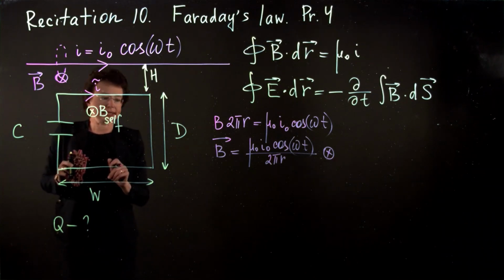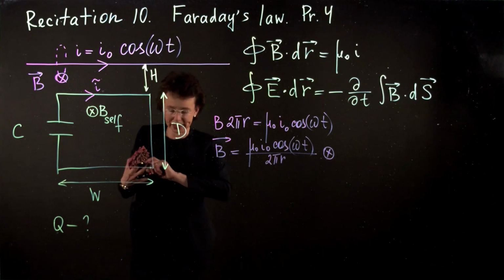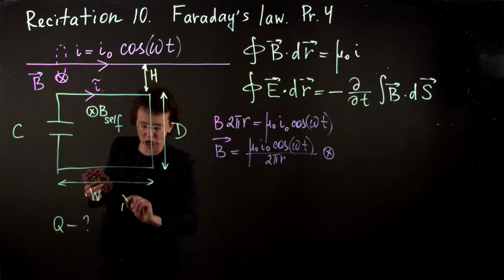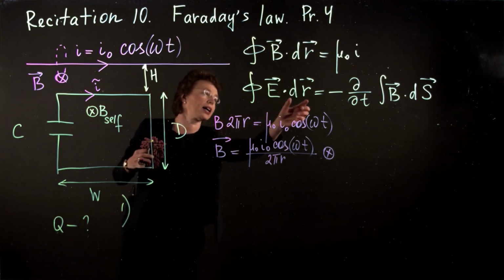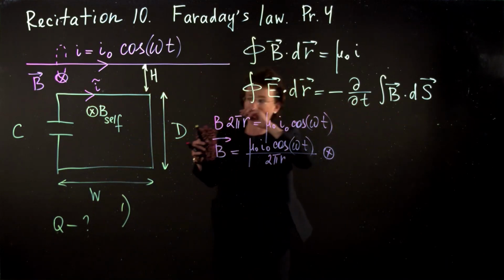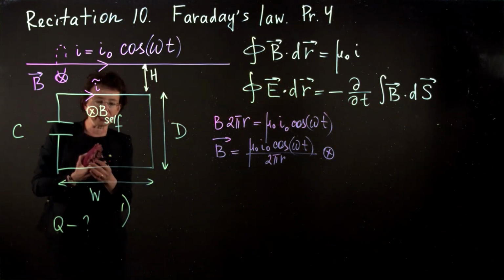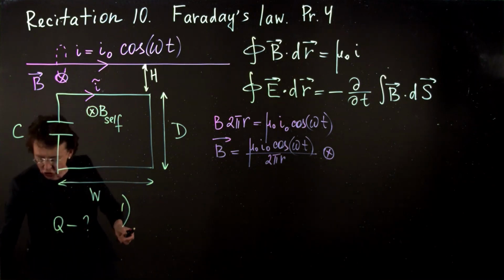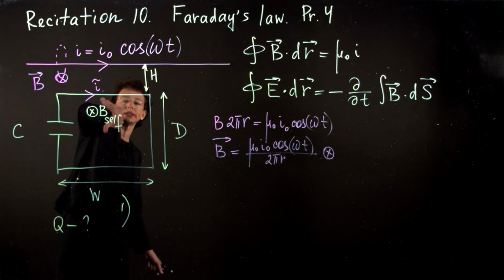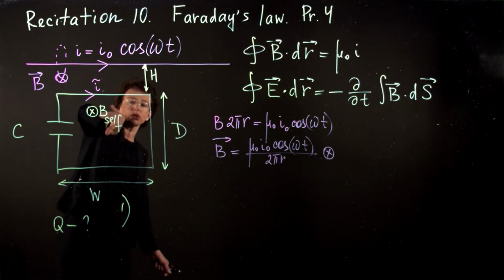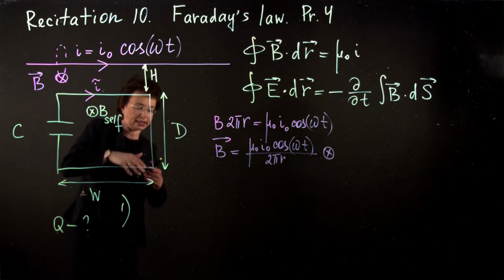So what are the next steps? We follow the steps, and our first step, as always, is to figure out the direction of dr or direction of ds. So as always, I follow the convention. I go around the loop in the counterclockwise direction, and my thumb shows me the direction of ds.